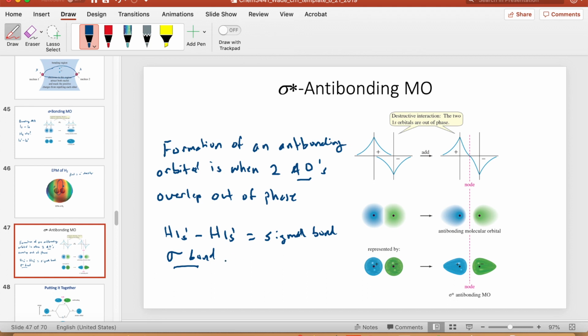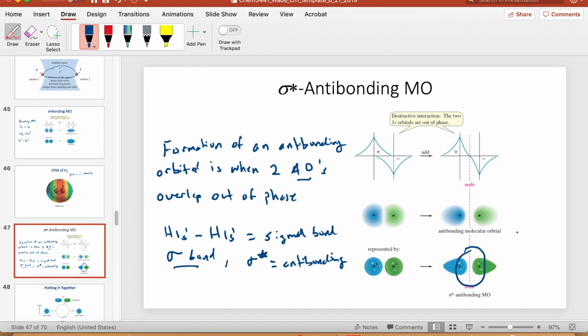And when they add out of phase, we add a star to it. So sigma star is equal to the antibonding. Right, and so this is just a picture of it that you can see on the right-hand side. Notice that we have this nodal plane right here in the center. Right, notice that that's not good.